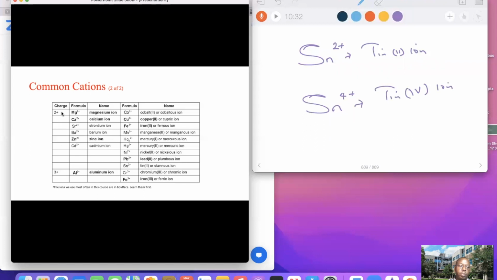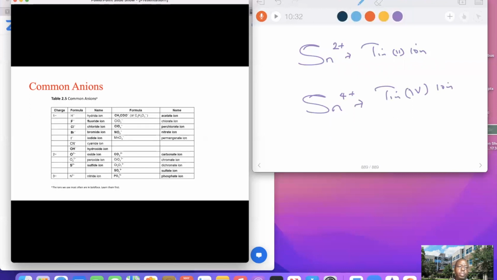The other is using the overall charge of positive 1, positive 2, positive 3. Rarely will you see positive 4. And then anions are negatively charged. This is the acetate ion. Please learn the polyatomic ions.